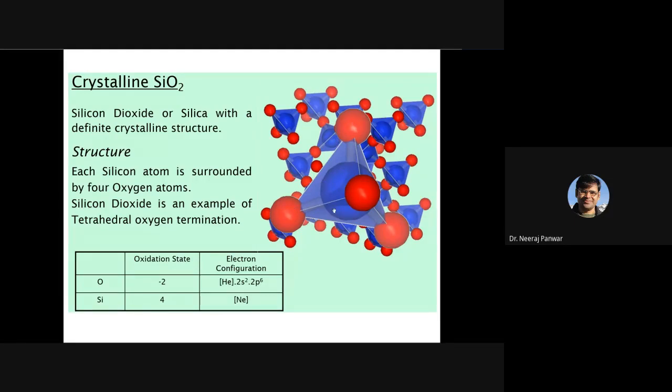This blue circle represents the silicon atom, and the red spheres represent the oxygen atoms. So we say silicon dioxide is an example of tetrahedral oxygen termination. And this periodic arrangement extends up to very large distances in crystalline silicon dioxide.